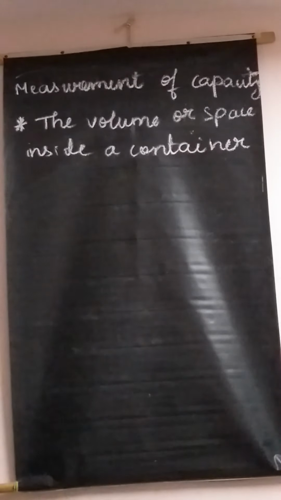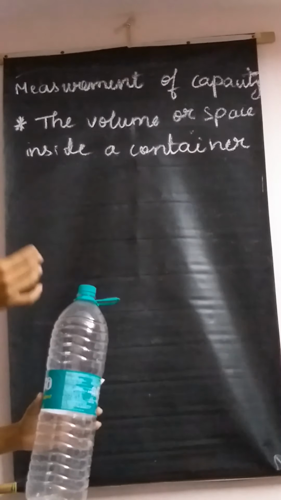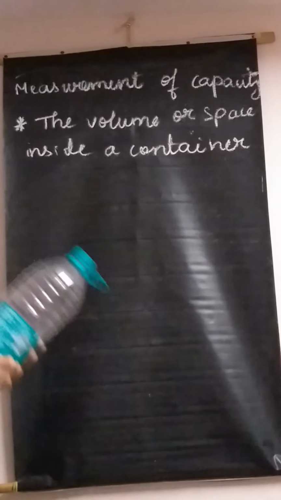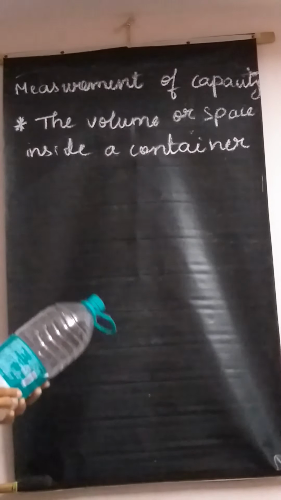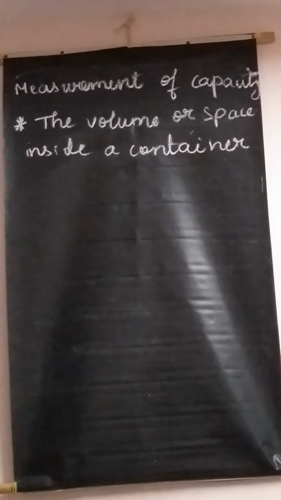So you understood now, children, it's volume or space inside this container that is called the capacity of this water bottle. So what is the capacity of this water bottle? 2 liter.